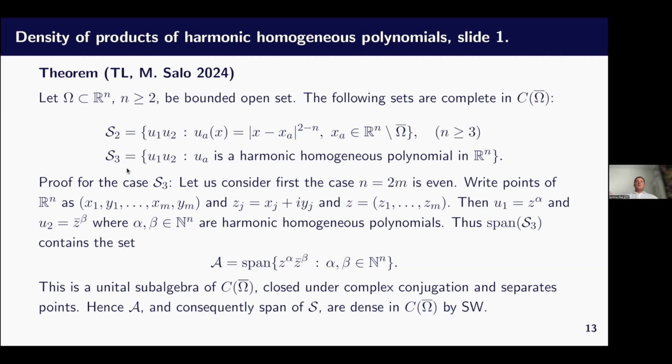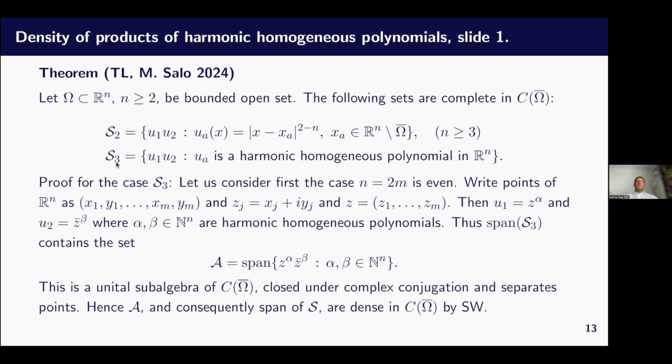And then S3, which are of the form u1 u2, where u1 and u2 are harmonic homogeneous polynomials in Rn. Actually, that S2 is complete is well known, and that goes back to Riesz, and we only gave a new proof using the Stone-Weierstrass theorem with Salo. But the case S3, I think that is new, and let's then just consider that one here.